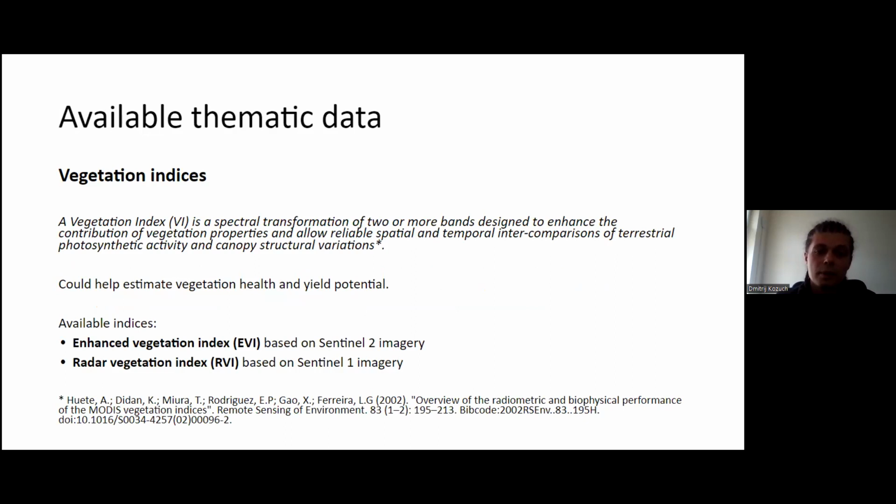From Sentinel-2 imagery we calculate the enhanced vegetation index, and from Sentinel-1 imagery we calculate the radar vegetation index. Then we use these indexes to estimate vegetation health and yield potential.